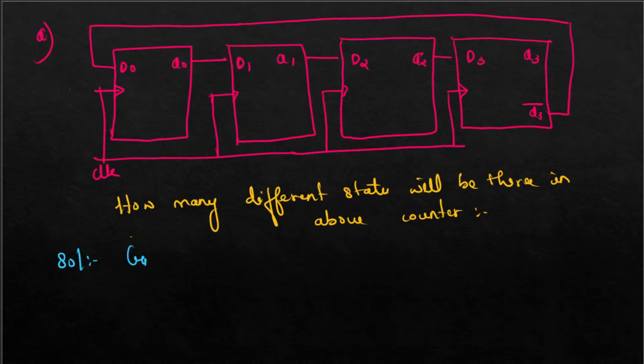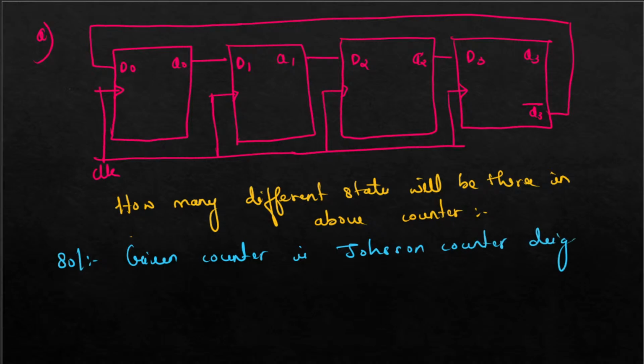Solution is given counter. Okay, given counter is Johnson counter, which is designed with n equals to 4 flip flops. As you can see that 1, 2, 3, 4 flip flops are there. So what will be the mod number for this?